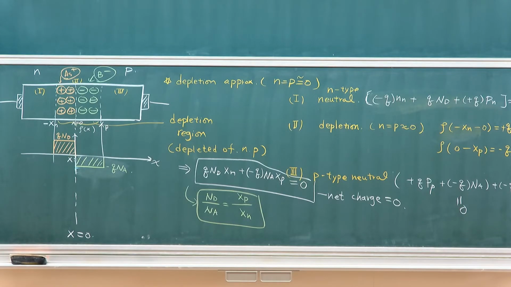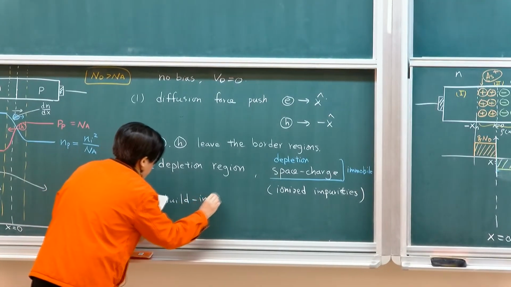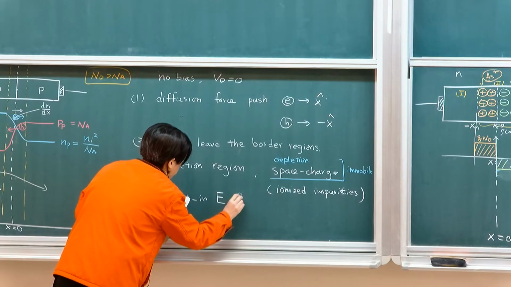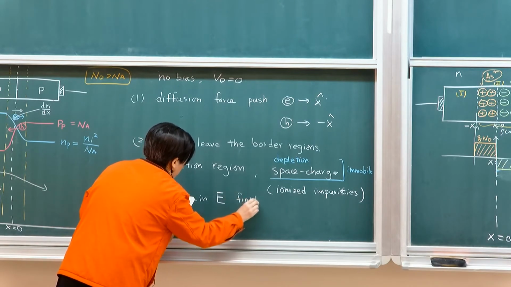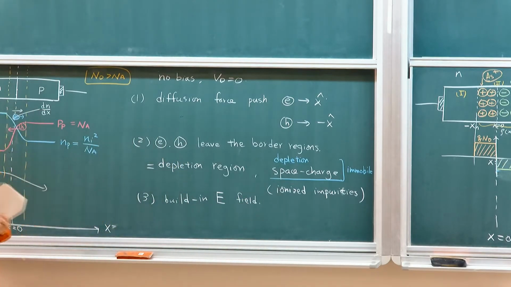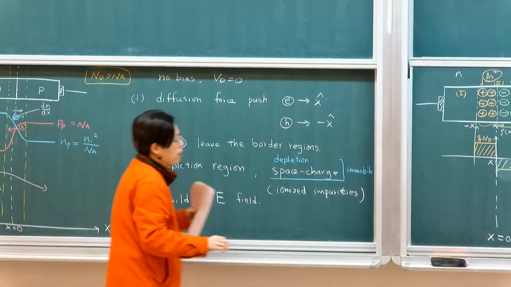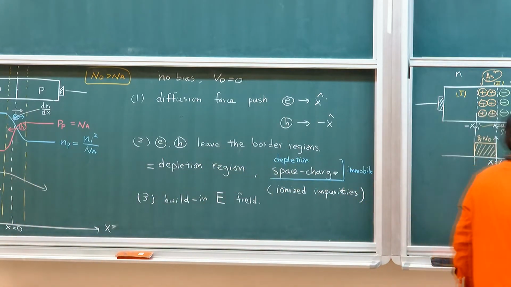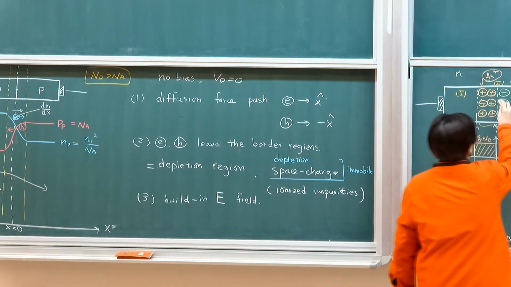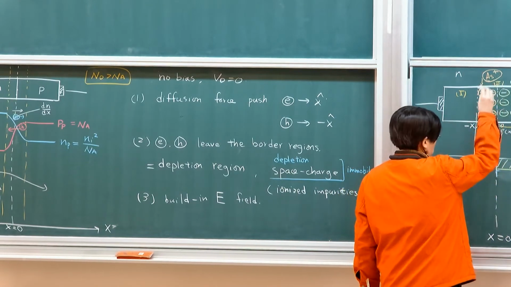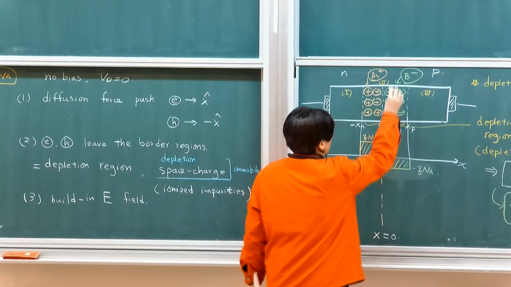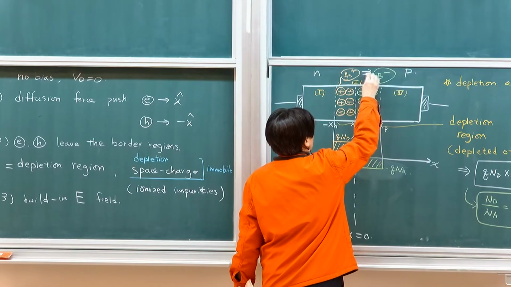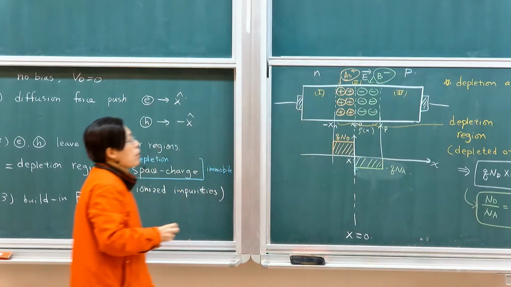So these charges will create what we call a built-in electric field. So what's the direction of the electric field? If you think about it, there's an electric field in this direction, the positive X direction, right?